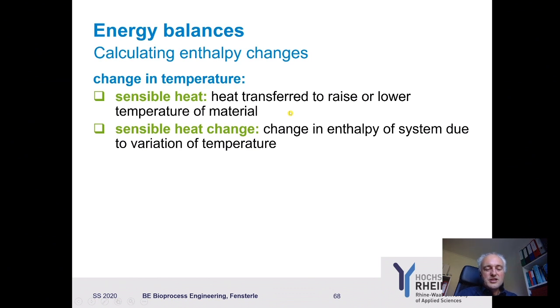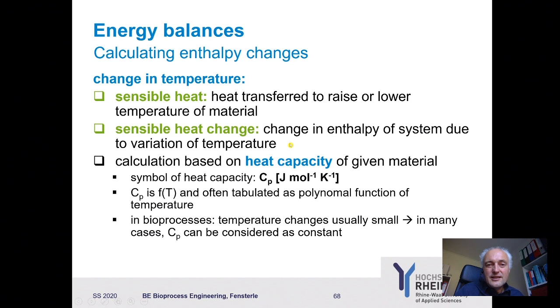Now, what about a change in temperature? If I change the temperature, I have a sensible heat change. It's called sensible heat. It's the heat transfer to raise or lower the temperature of a material. Now, a sensible heat change is a change in enthalpy of the system due to the variation of the temperature. That's clear.